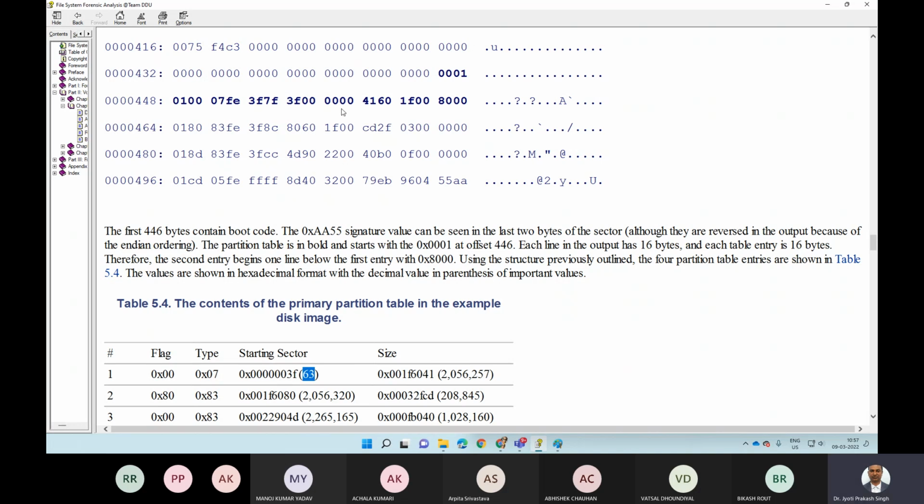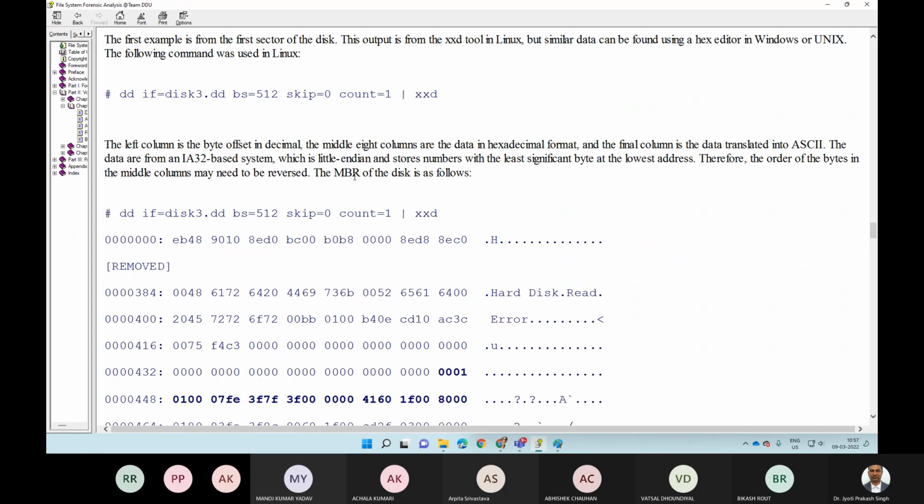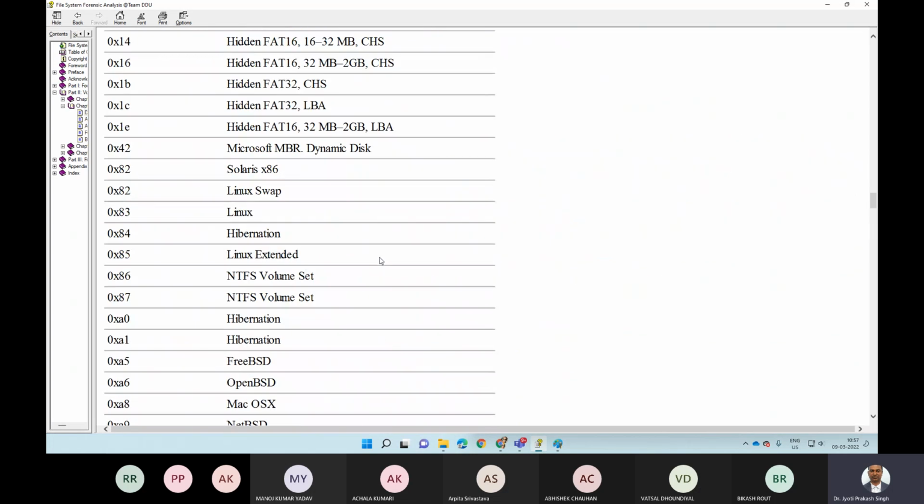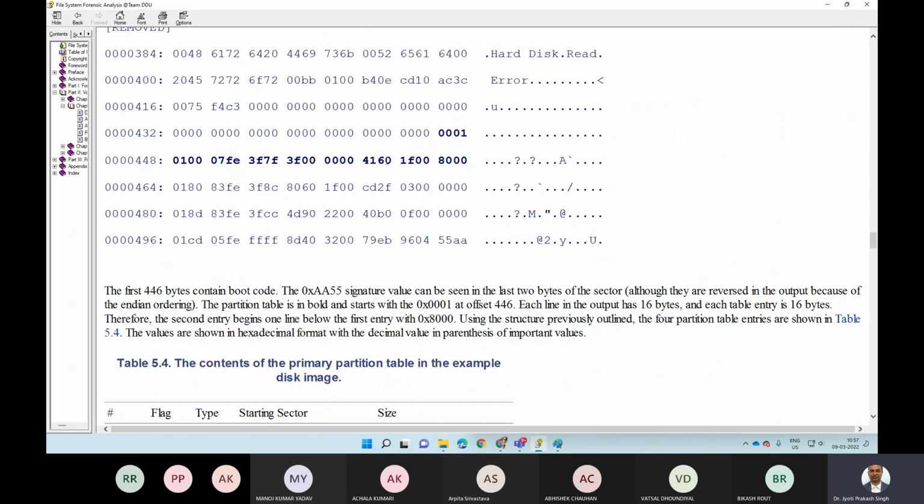The next value is the size in sectors, bytes 12 to 15. So 12, 13, 14, 15. This is the size.